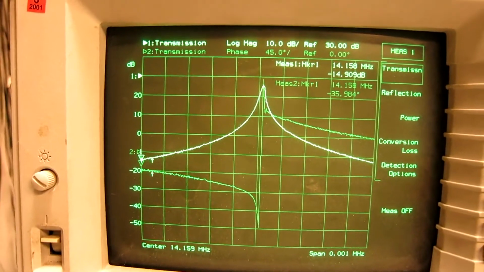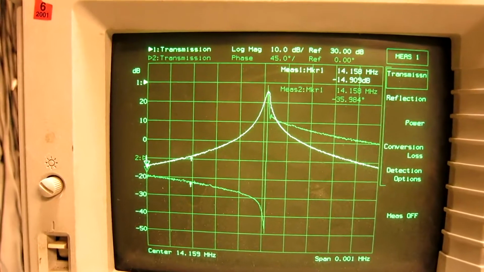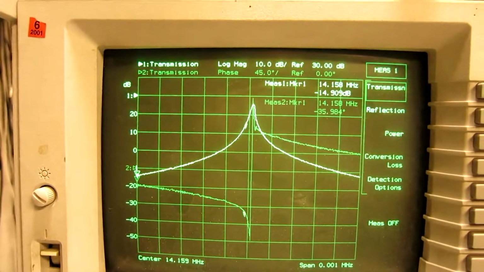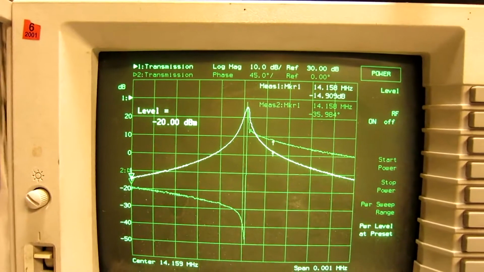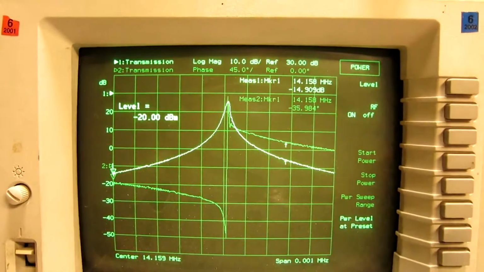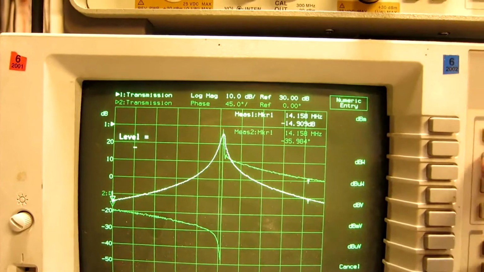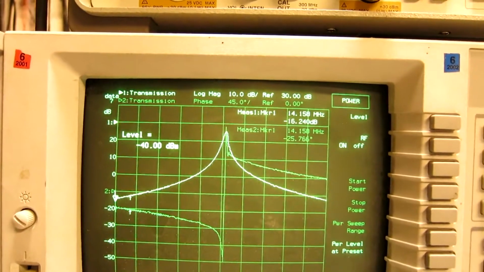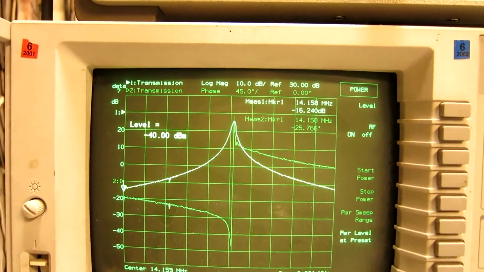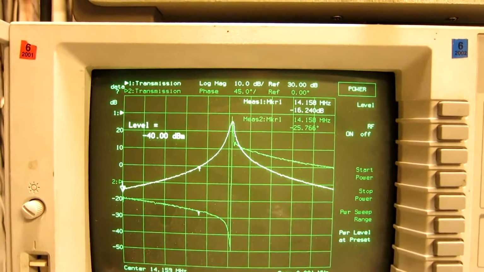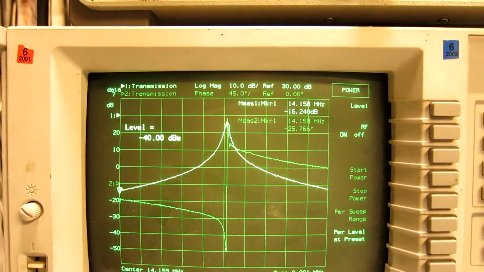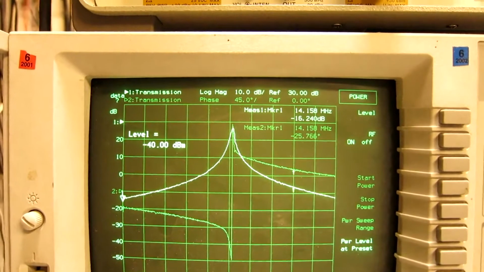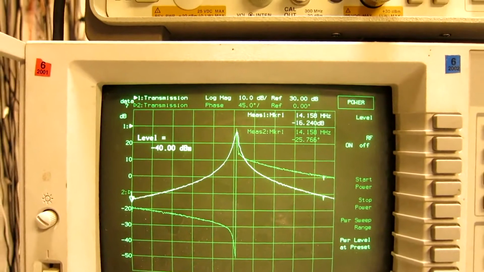So I change, let's see, change the power level first. Level, it's minus 20, I make it minus 40 instead. And the signal went a little bit stronger.